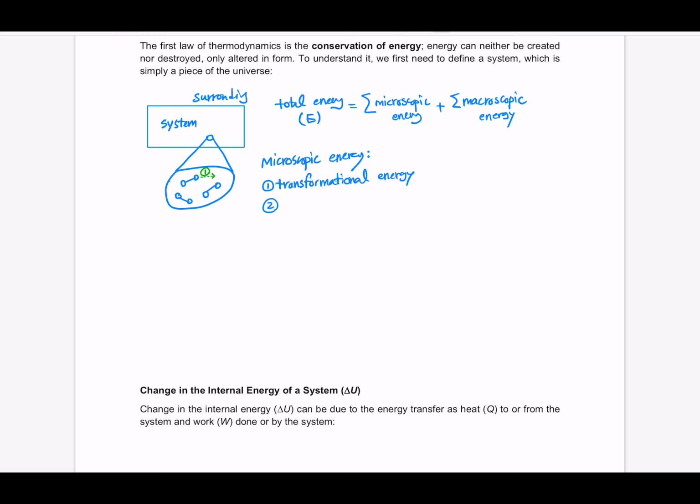Obviously, they can move around. What else? Can they rotate? Molecules can rotate, so some of them are related to the rotational. So this would be rotational energy.